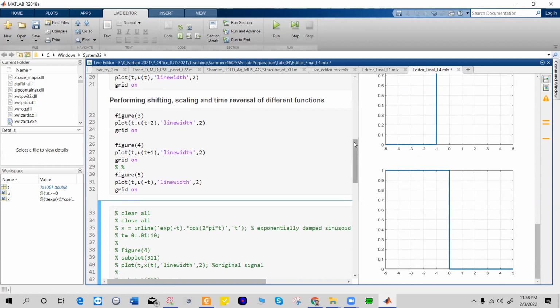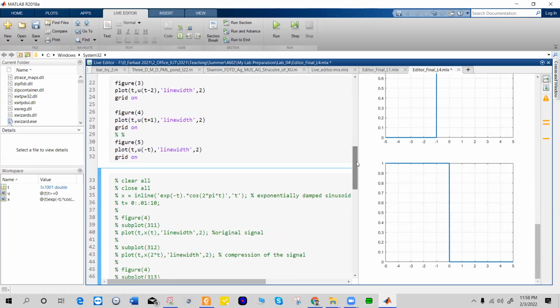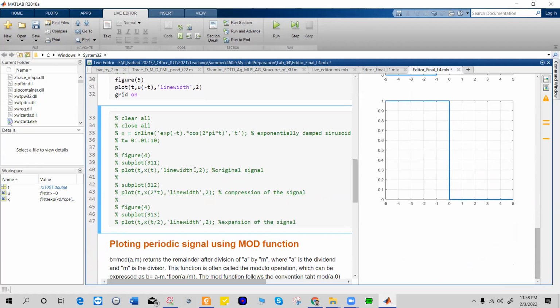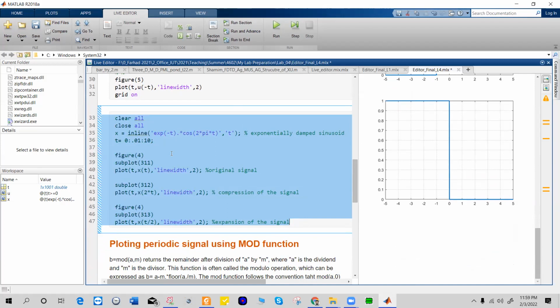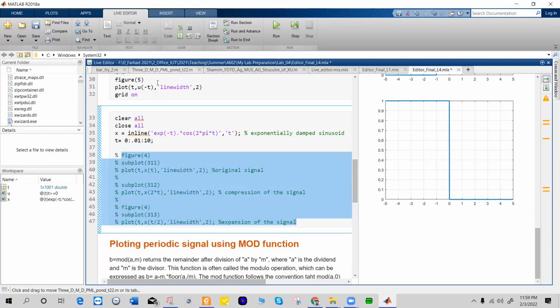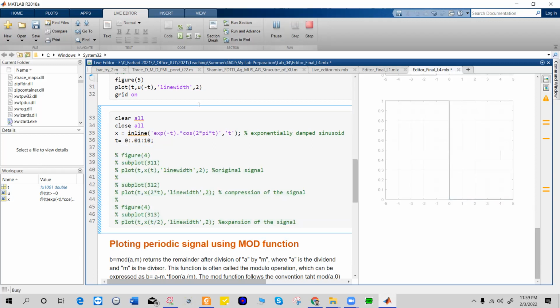So let's check. We have the signal. Now let's verify the time scaling properties with the help of the sinusoidally decaying signal. So this is ours. Let us first give the comment. Just run up to this. Here you can see that we have the exponentially decaying function.